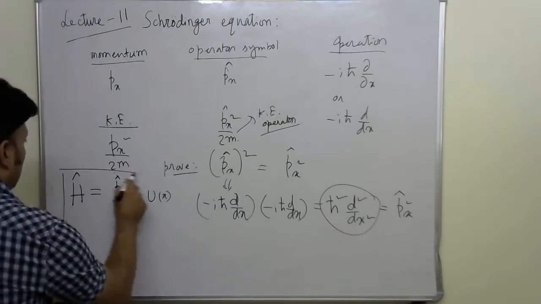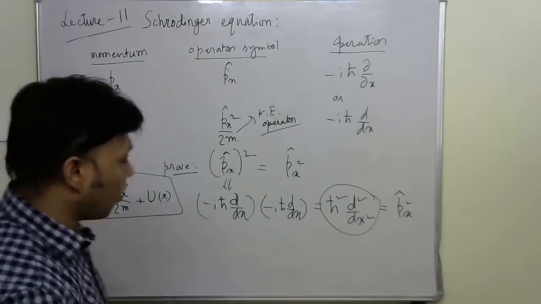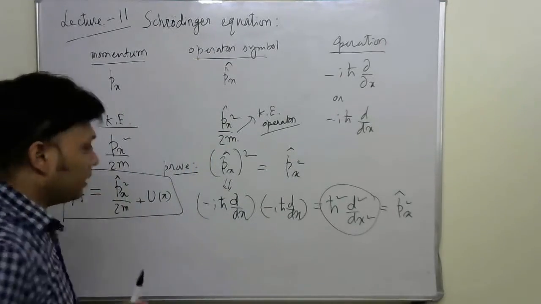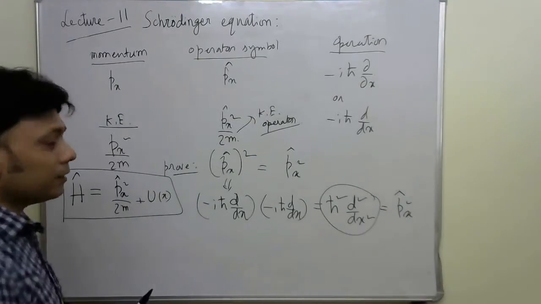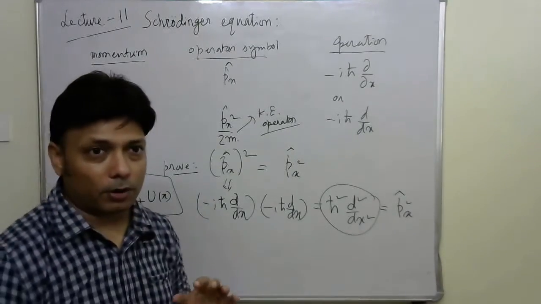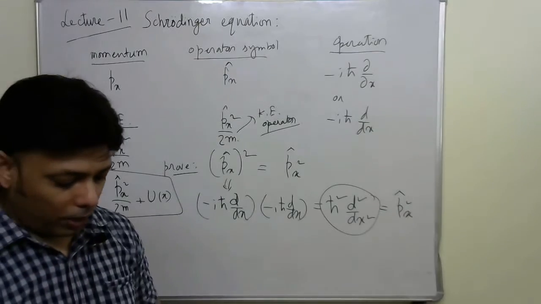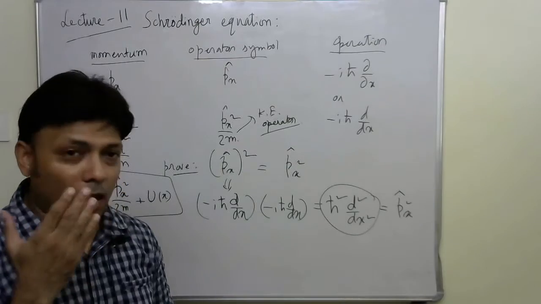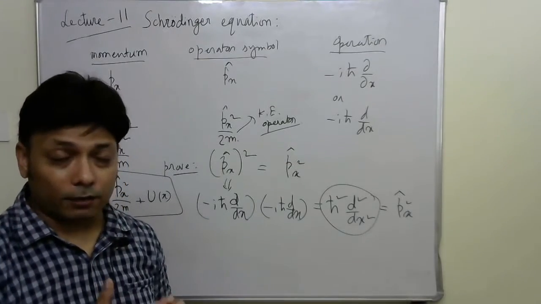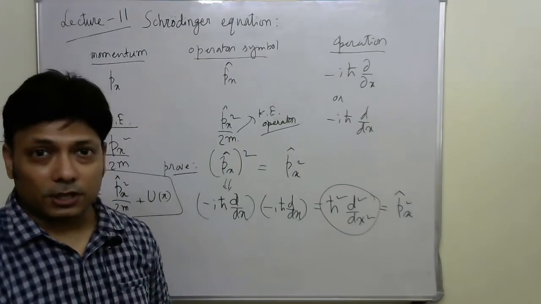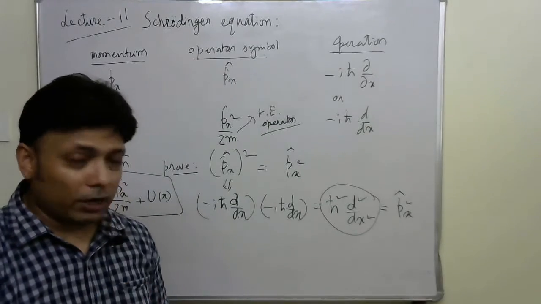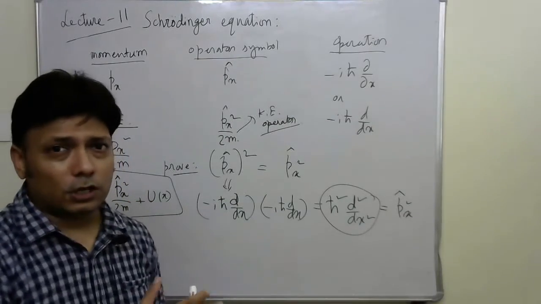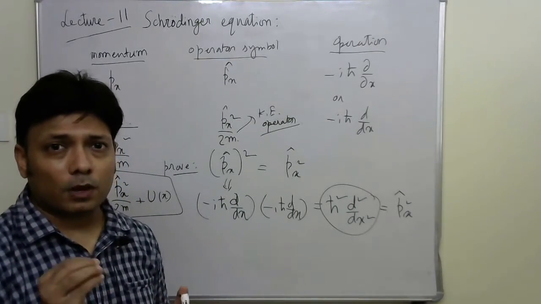So we remember that the Hamiltonian operator is nothing but the linear summation of the kinetic energy operator and the potential energy operator. Now we have some idea about the basics of the Schrodinger equation, the Hamiltonian operator, eigenvalue, eigenfunction, eigenstate. So now we are ready to apply the Schrodinger equation to solve some simple problems.